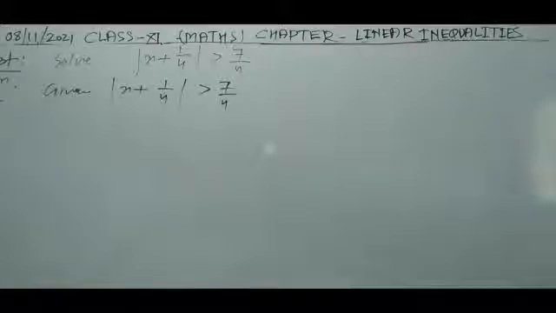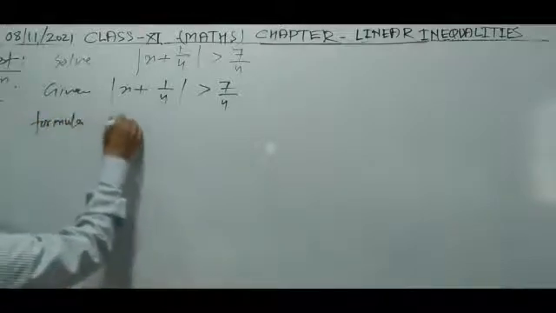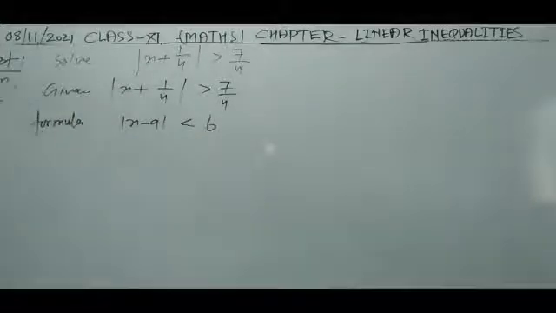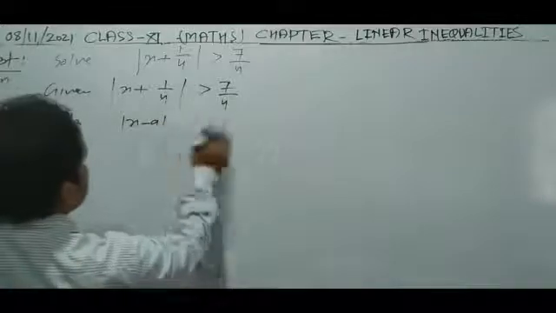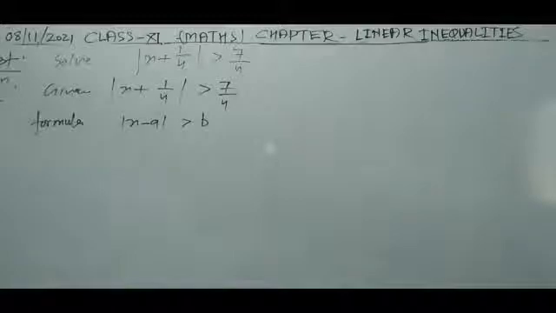Mod of x minus a formula. Suppose you have any question or formula: mod of x minus a is less than b. In that case, what will be the result for x? Or for greater than also. See, this is the inequality for greater: mod of x minus a is greater than or equal to b. So what will be the formula?